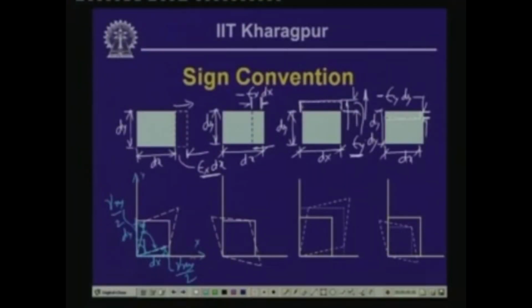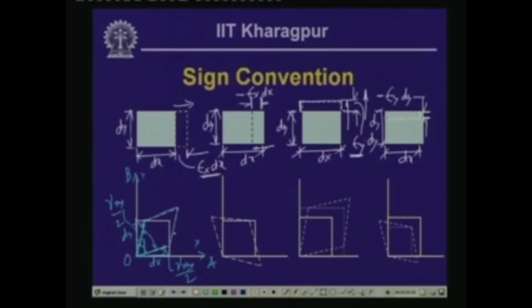Now, here the position from, let us say, OA and OB is moving to this position, and thereby the angle is decreasing, and we call this shearing strain total, gamma xy by 2 plus gamma xy by 2, which is gamma xy, the positive shearing strain, and this is the position that this particular element is going to take because of the shearing strain.